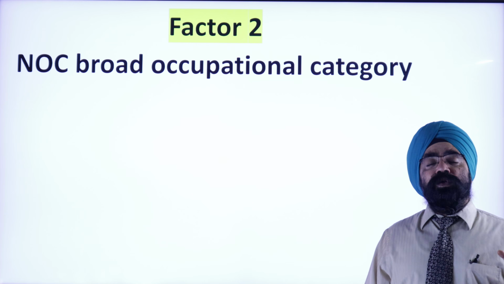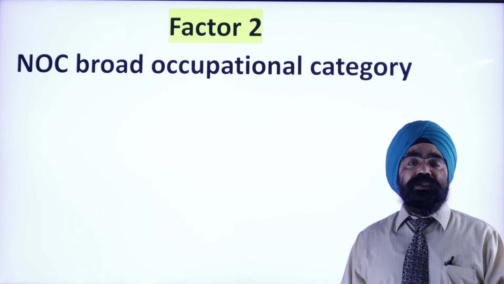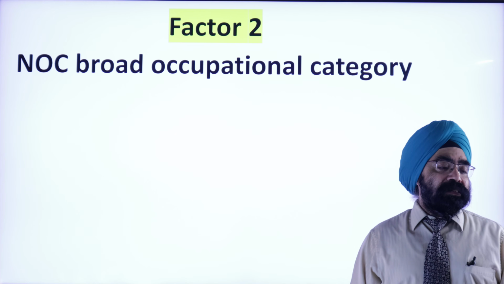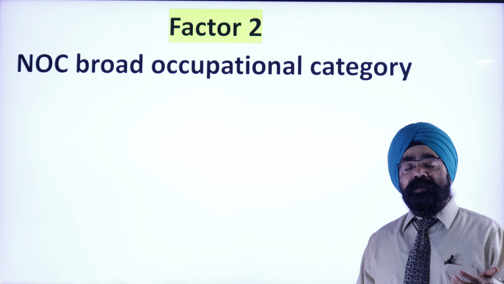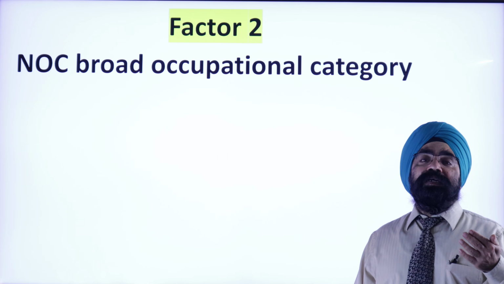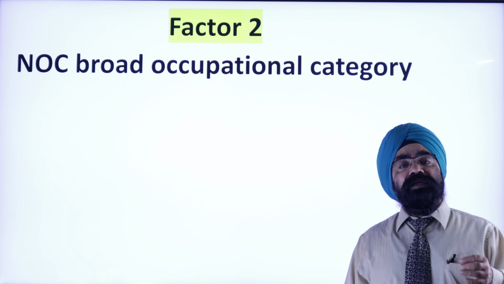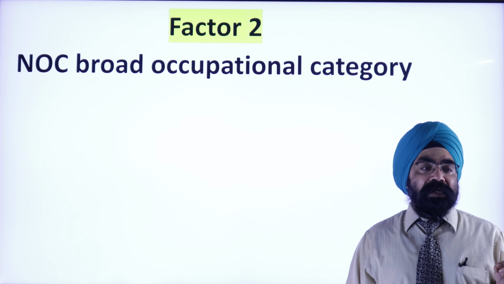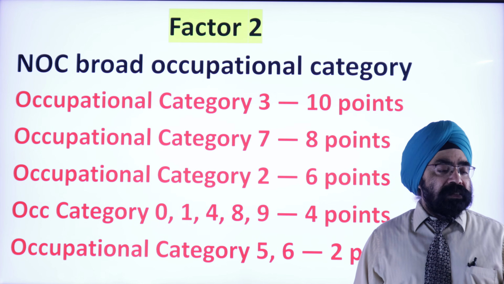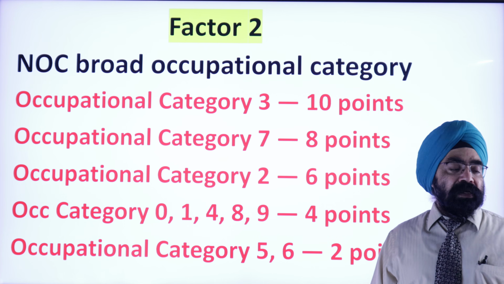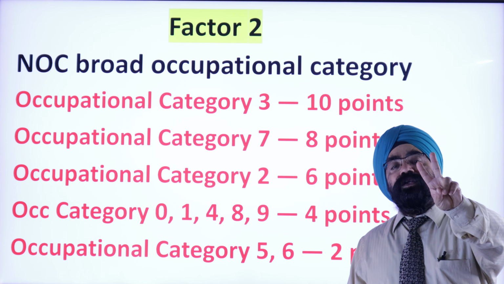Anyone whose NOC code starts with 7, the trades people, gets 8 points. Category 2 is STEM, IT, so anyone who is a system engineer or a software engineer will get 6 points. Categories 0, 1, 4, 8, 9 will get 4 points. Categories 5 and 6 will get 2 points, so a retail sales supervisor will get 2 points.